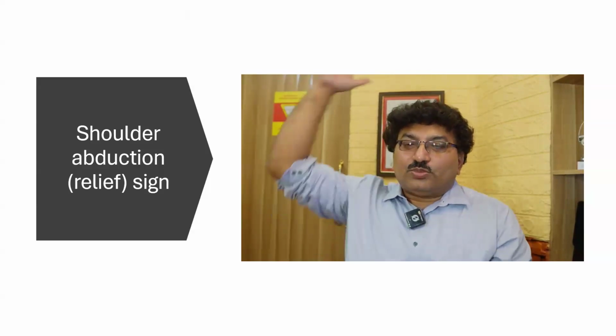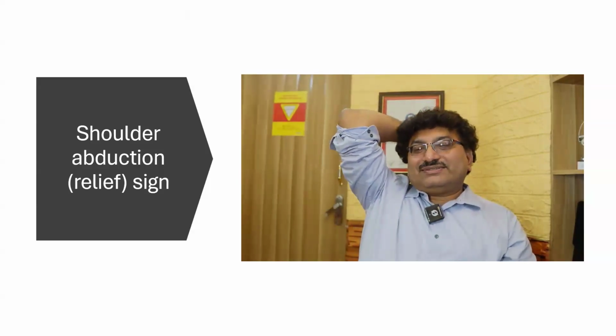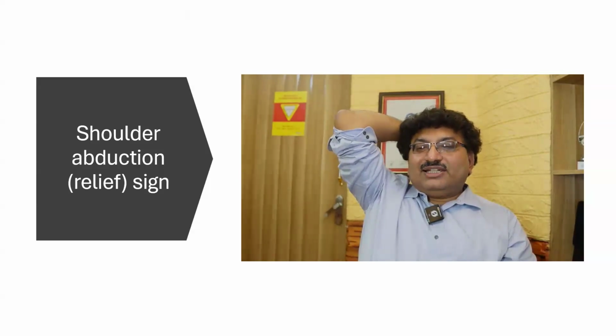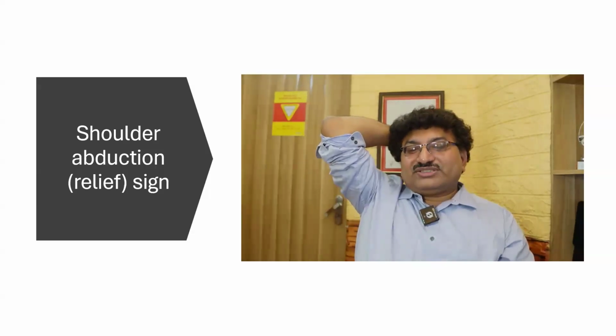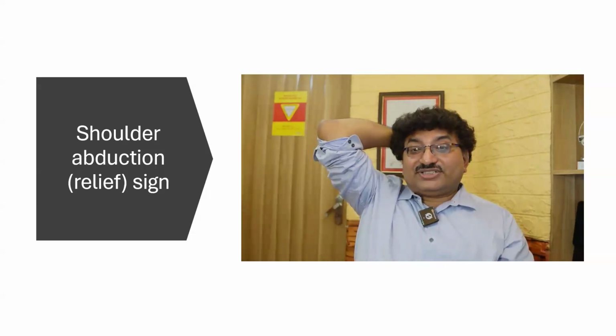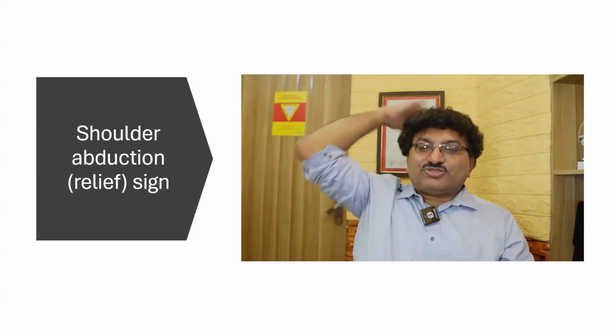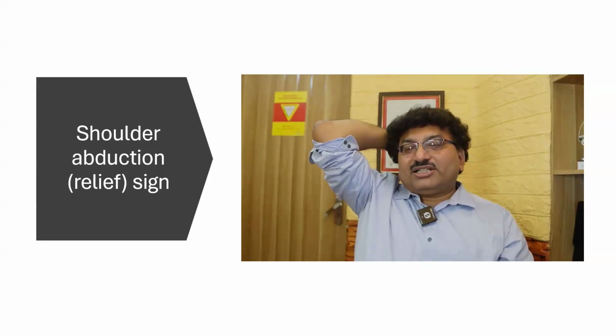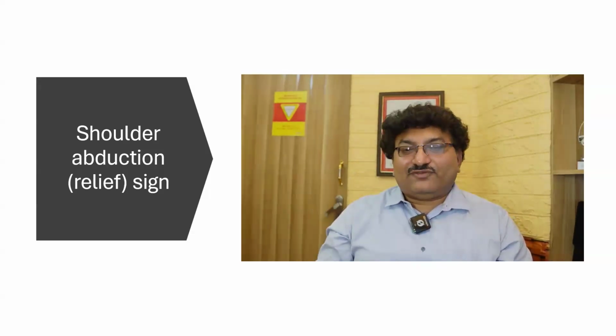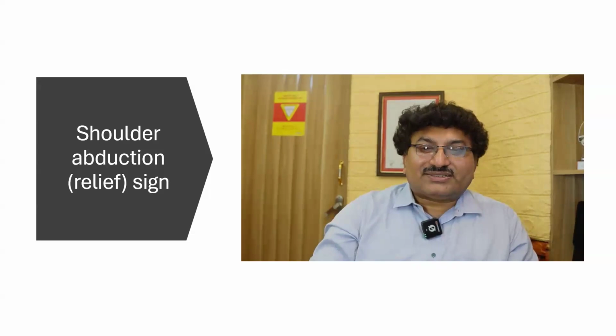Ask the same patient to put and hold the hand like this. After one to two seconds, the patient will get a little relief of the pain, and this is known as the shoulder abduction sign. This is one of the features of cervical radiculopathy, especially in the early stage. In a later stage sometimes both postures have pain, but in the early stage the shoulder abduction test usually gives some relief.